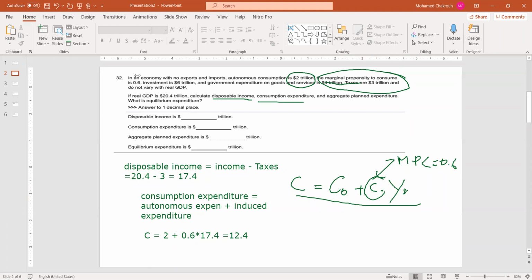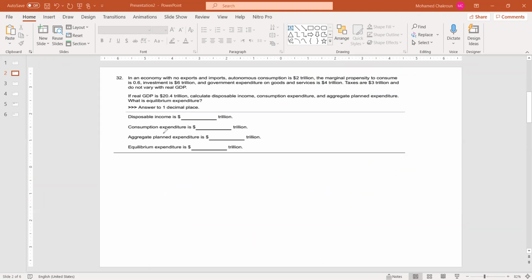Okay, let's move to the third question. What is the aggregate planned expenditure?